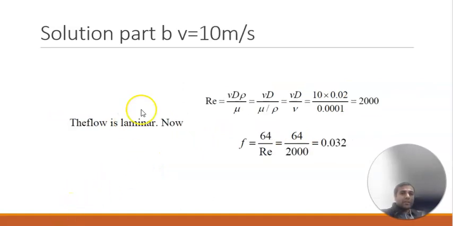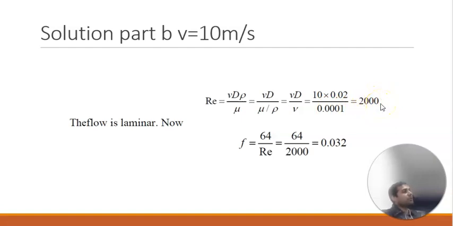Let's say you want to increase the velocity, now the velocity is 10 meters per second. Now we use exactly the same formula. The velocity is now 10, the diameter is still the same, 0.02, and the density was not given, but we can divide, bring the density down, get the kinematic viscosity, put in the value, and you get 2000.